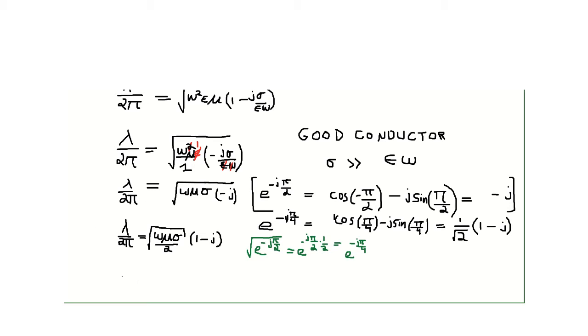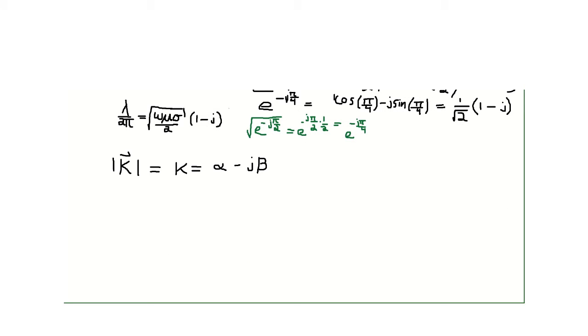Now, if we also consider not just a good conductor, but other materials such as a dielectric, we have two terms that we can break our wave vector into. We have alpha and beta, where alpha is the attenuation coefficient and beta is the propagation coefficient.